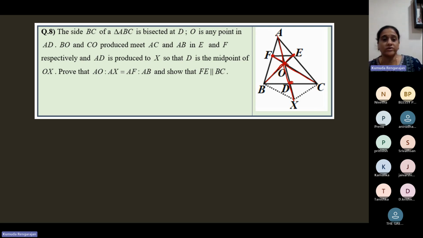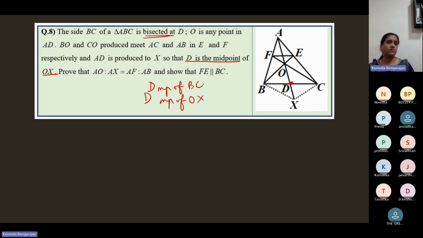So now these midpoints are the only information for us. We have D is the midpoint of BC, and D is the midpoint of OX. These two things are important.